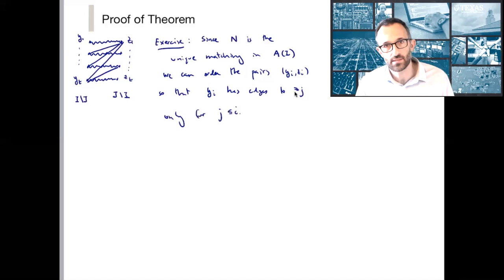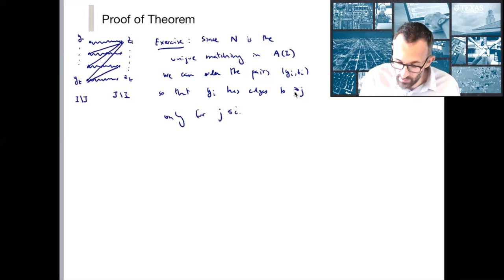So you can see that this is how I drew it as well here. For example, the third node here has an edge to the first node, and the fourth node has an edge to the third node and to the first node. But the second node does not have an edge to the third Z or the fourth Z. And this exercise is asserting that we can always do this.